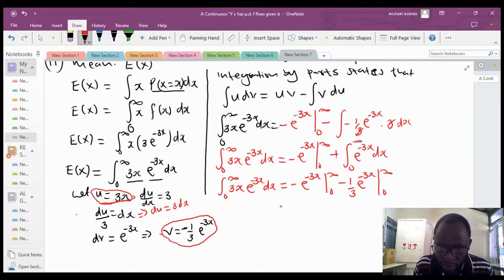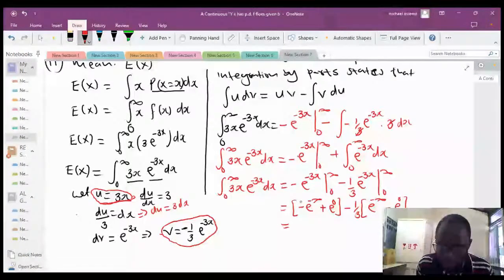So when we substitute, we shall have negative exponential negative infinity, then minus, so it will be plus, exponential raised to the power 0, then minus a third, then we shall have exponential raised to the power negative infinity minus exponential raised to the power 0.